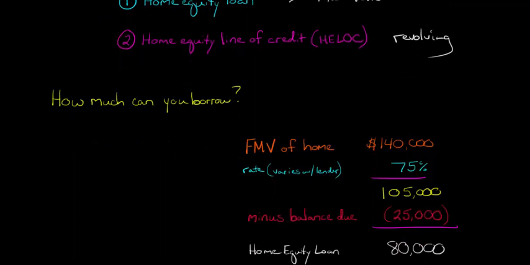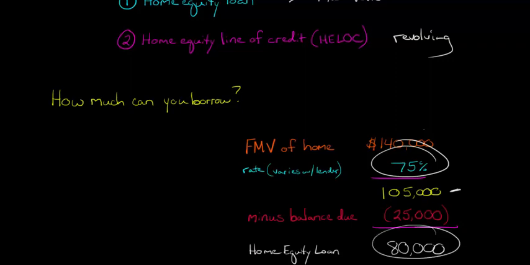So you take 75% of the fair market value, which is $105,000, and then deduct the remaining balance on the first mortgage. In this example, that comes out to $80,000. Under this assumption, the lender would be willing to lend up to $80,000.